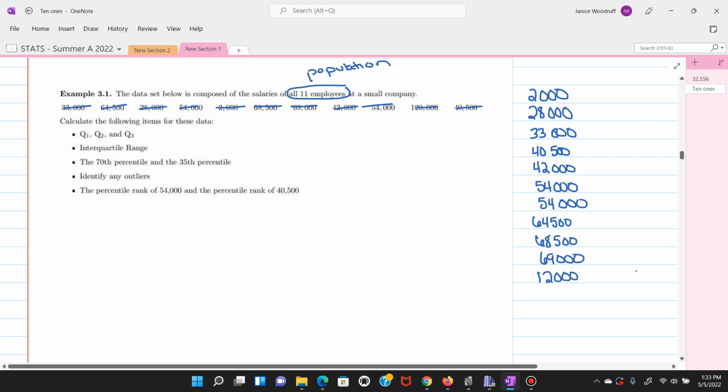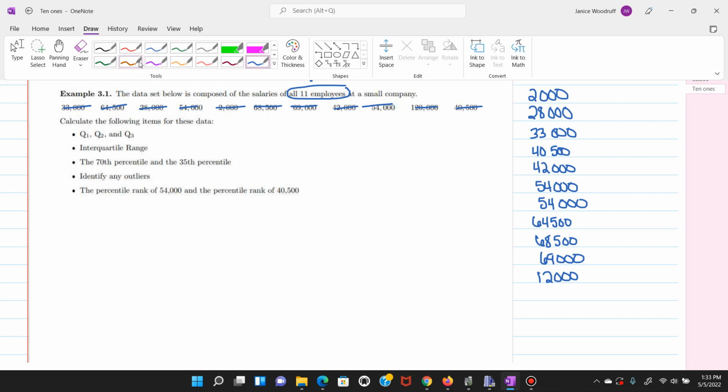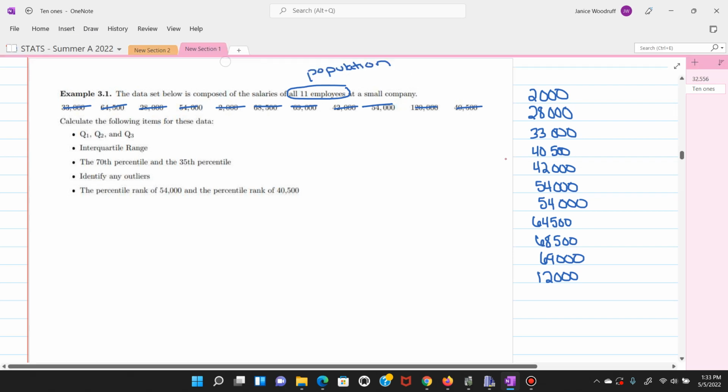Okay, we want quartile 1, quartile 2, and quartile 3. So let's find those. Quartile 1 is going to be the 25th percentile. Quartile 2 is the median. Quartile 3 is the 75th percentile. Easy way to do this is, we count these values.